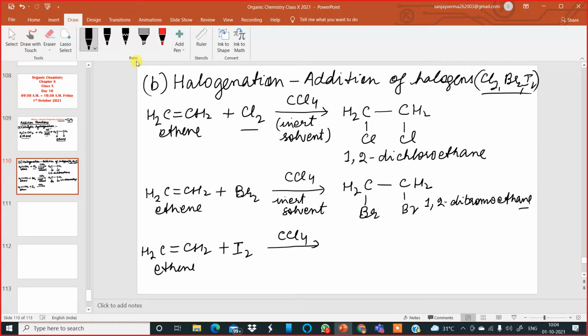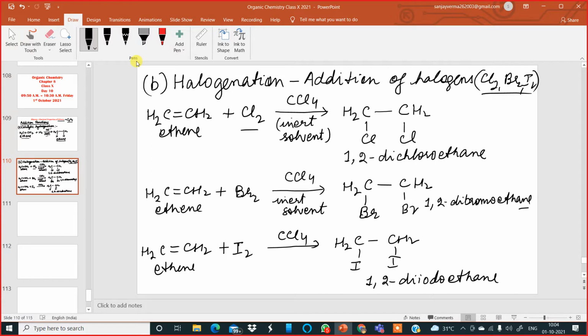Then I will get ICH2, CH2I. This compound is called 1,2-diiodoethane. Okay, so these are the three examples of halogenation reaction with ethene, the alkene.